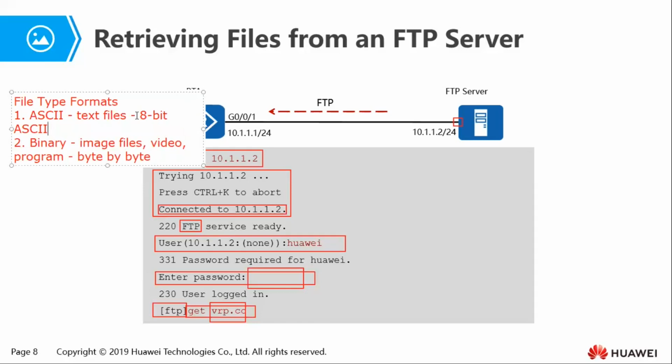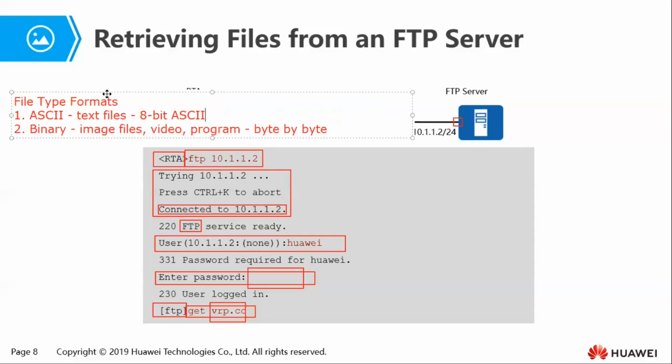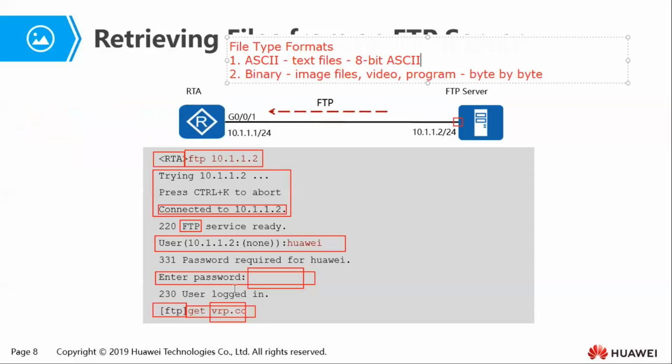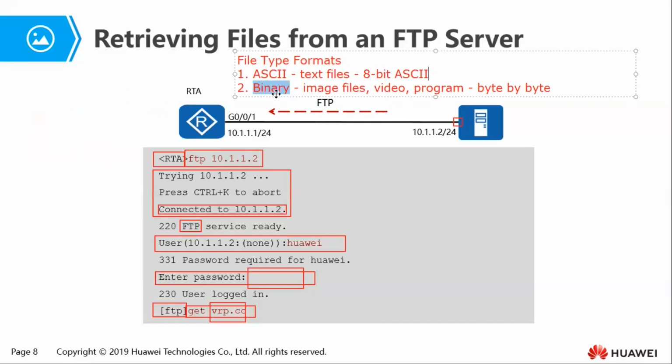I can't remember the full name, but just know that these are the two commonly used file formats for FTP. In particular, your VRP image files should always be retrieved in binary mode. So don't forget that. You should use the binary mode because it's not a text file. It's an image file or a program file, something like that.